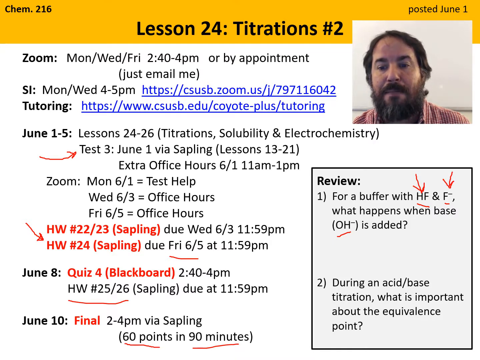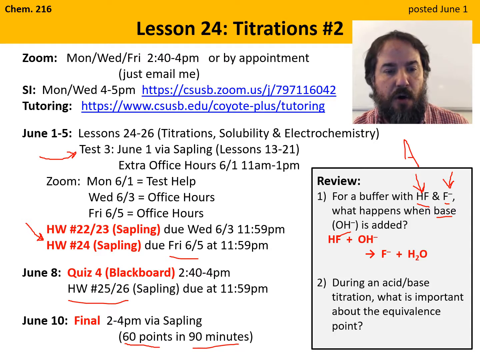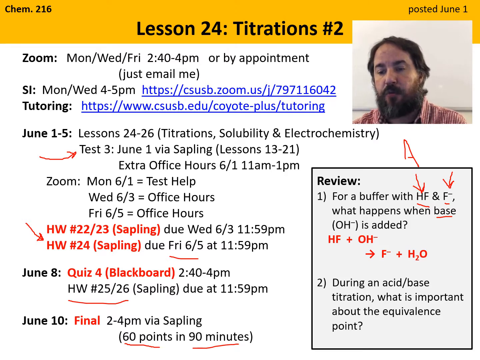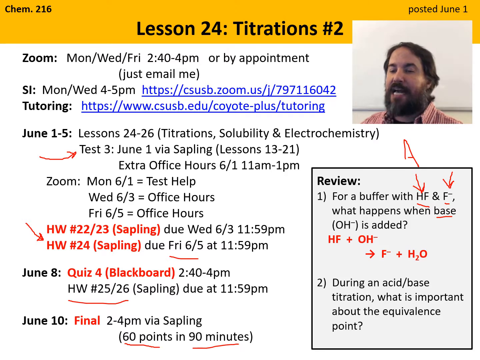Which one? Because this is a base, it's going to react with the acid. So the OH- and the HF are going to react, and that's going to produce our F- and leave behind H2O. Okay, that's how buffers work. They remove any added extra OH- or H+.